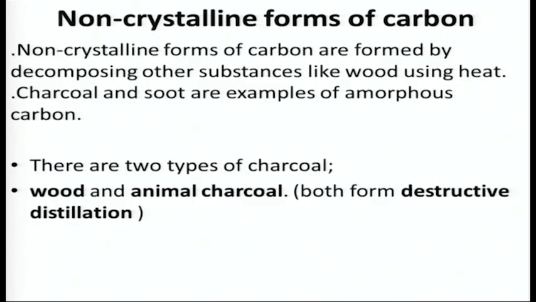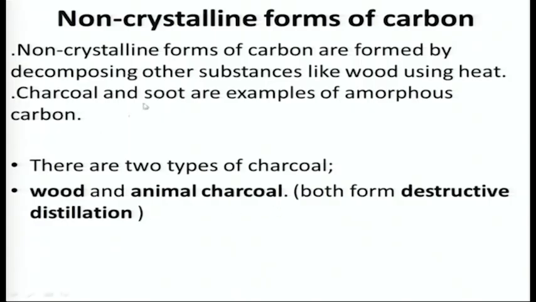So we are saying that the non-crystalline forms of carbon are formed how? By decomposing other substances like wood using heat. All right? So charcoal and soot are examples of amorphous carbon. You know soot?